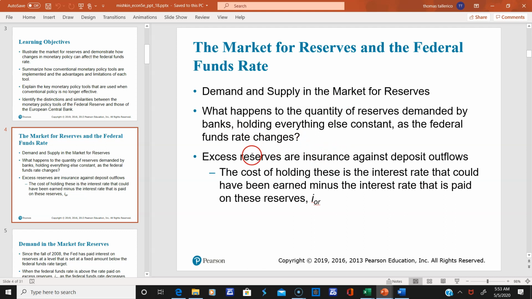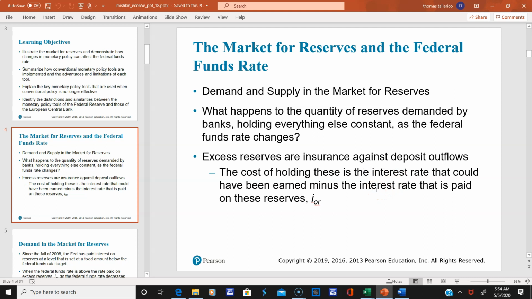So the reason that the Fed has banks holding excess reserves is it's basically an insurance against deposit outflows, okay? So the cost of holding these is the interest rate that could have been earned minus the interest rate that is paid on these reserves, okay? So there's a basic cost, if the banks could have lent that money out, but they can't.